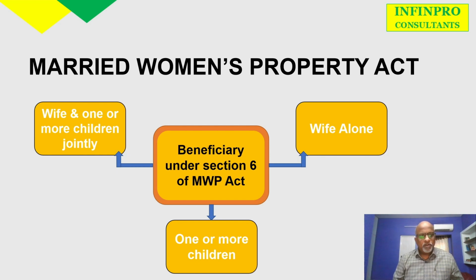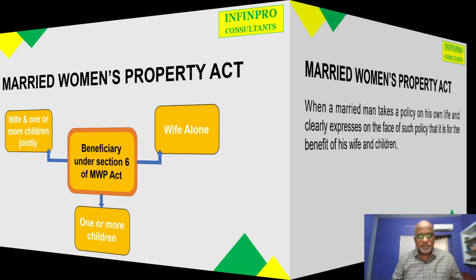Wife and one or more children jointly can be the beneficiary. The wife alone can be the beneficiary, or one or more children can be beneficiary under section 6 of the MWP Act.